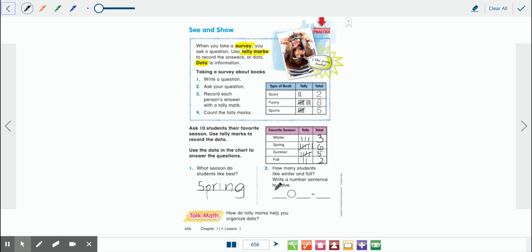We want to know how many all together. So 3 plus 2, my 3 votes from winter, my 2 votes from fall, equals 6 votes.